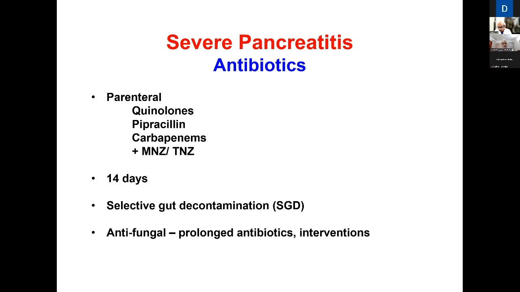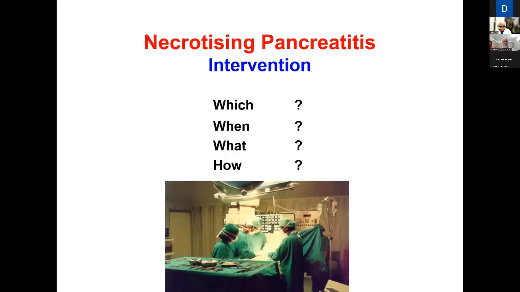And if they are used, then quinolones, piperacillin combinations, carbapenems, and they should be given for at least 14 days. There is a very controversial role of selective gut decontamination, and patients who have been in hospital for a long time, who have been on prolonged antibiotics with multiple tubes and drains, probably should receive antifungal prophylaxis.